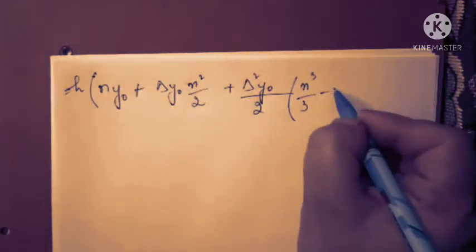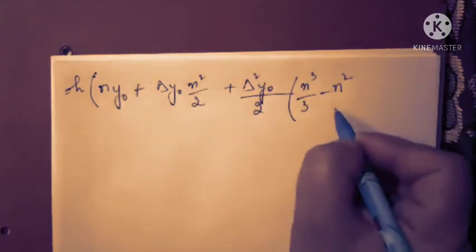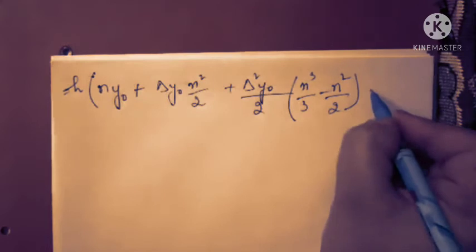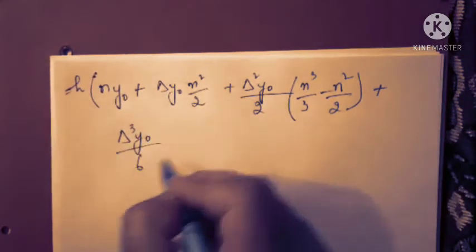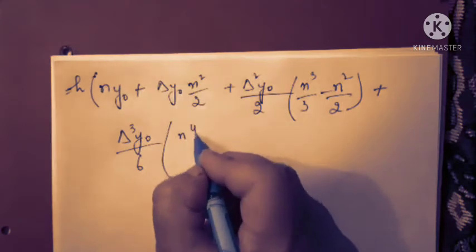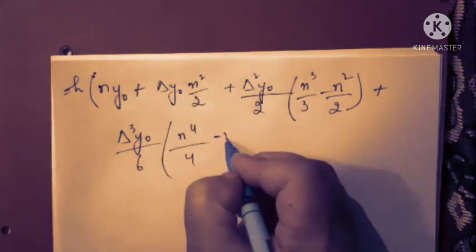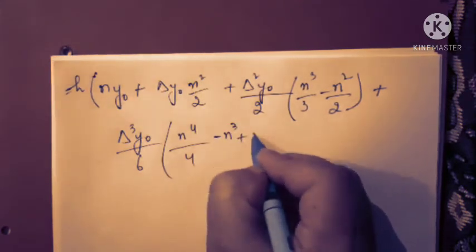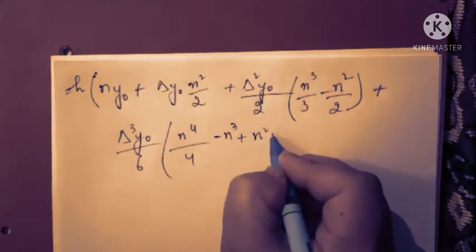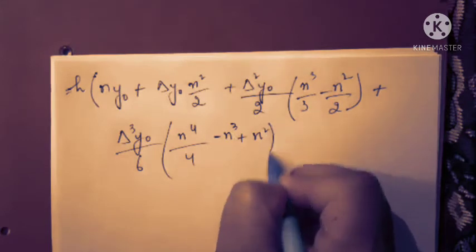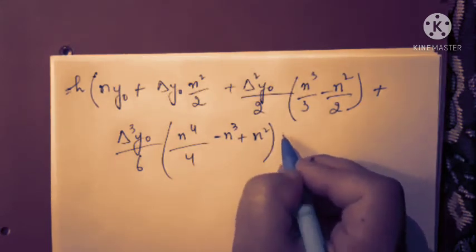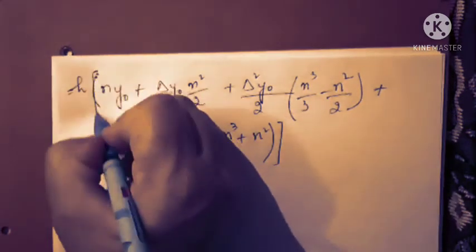Sorry for this, I am not feeling well, but still I am trying to make you people understand this in a better way. Divided by 6 and 4 divided by 4. We are not doing anything, but we are just replacing it with n square. I have already cancelled 3 and 3 out and 2 and 2 out, so that you can get this as well, okay? So it will be like this.